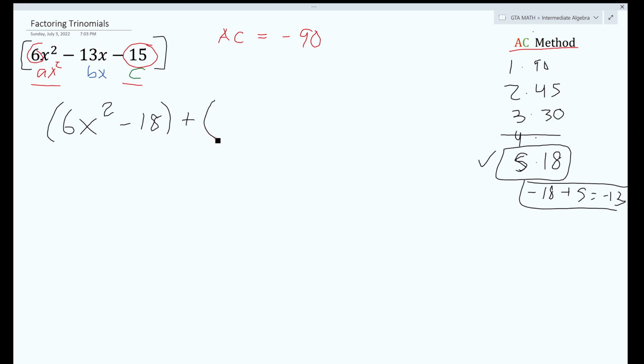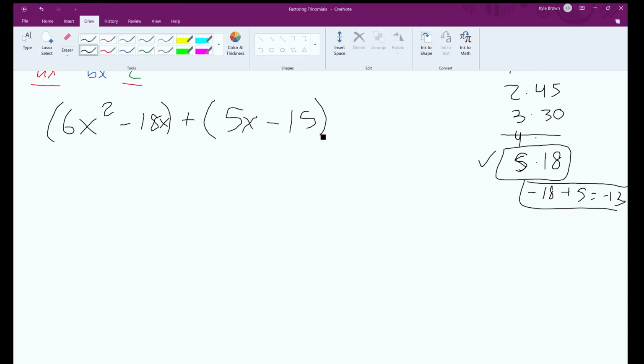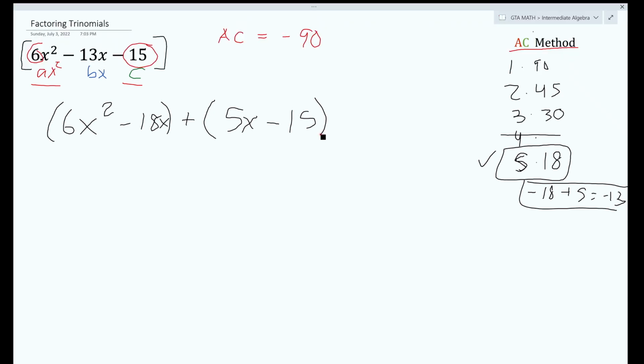And we're going to take this and leave our x's. That's a very important point. I apologize. We have to leave the x's for both of these. So then we're going to leave this 5x. And then we're going to have that minus 15. So from here, we're going to factor out everything by grouping.